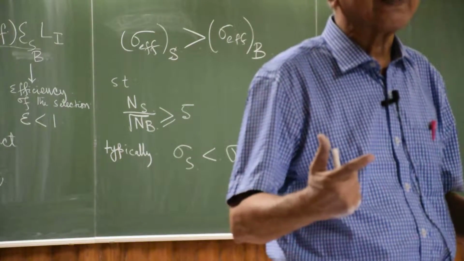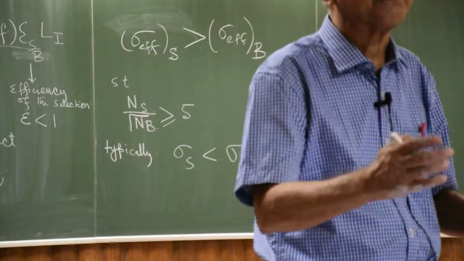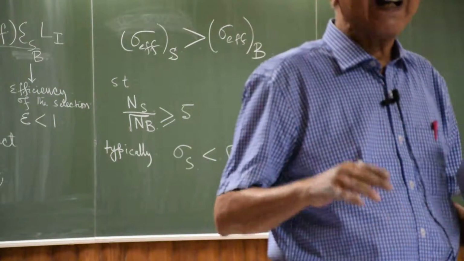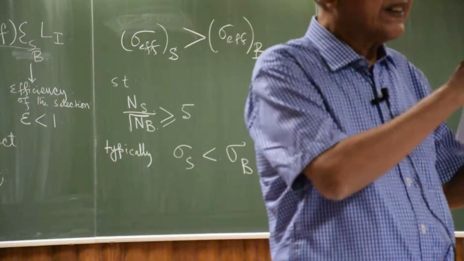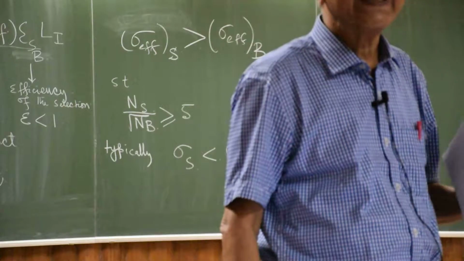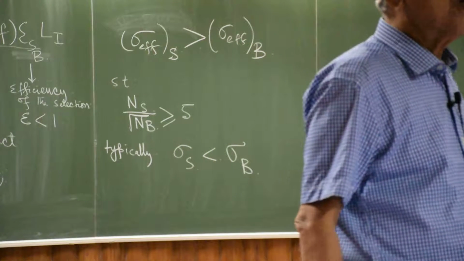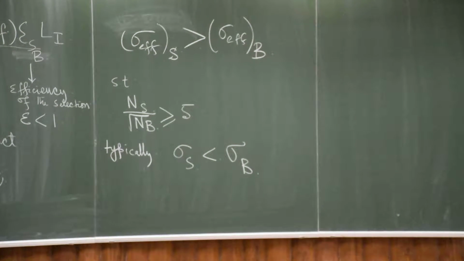You are not going to produce something which has a mass of a typical quark or typical lepton. And of course, if the cross section is calculated for a higher mass particle, then it will fall. You can understand this qualitatively, because when we did the calculation in the last class, it was a two-line calculation. Nevertheless, it showed us that the center of mass energy should be more than the mass of particle A and mass of particle B. That is, if the center of mass energy is less than that, you wouldn't produce anything.